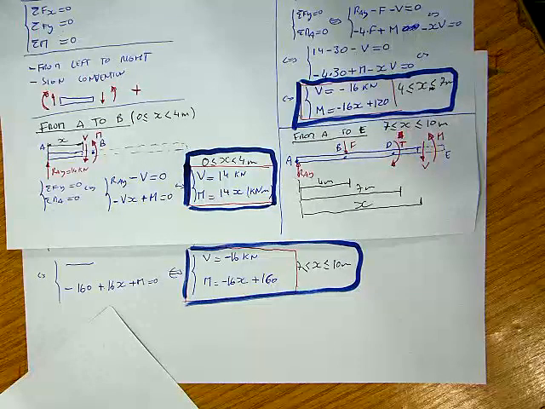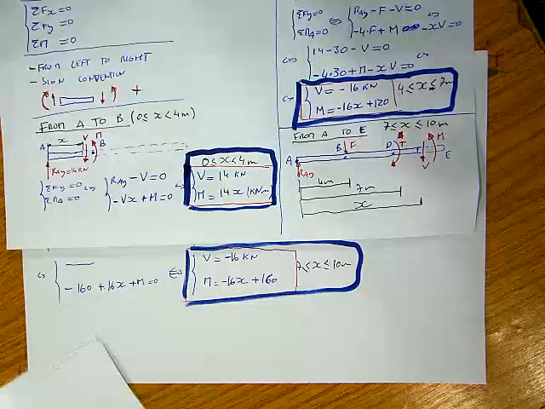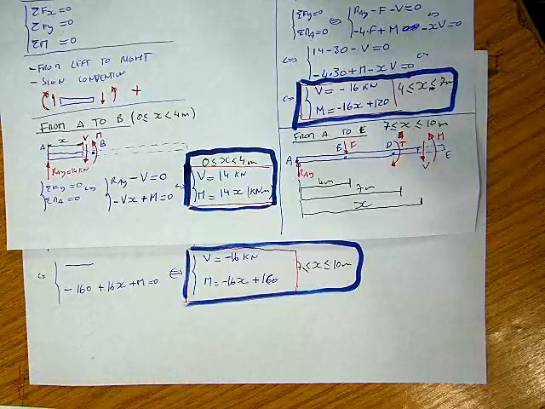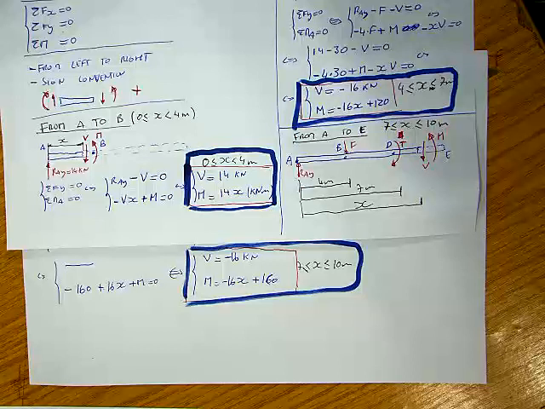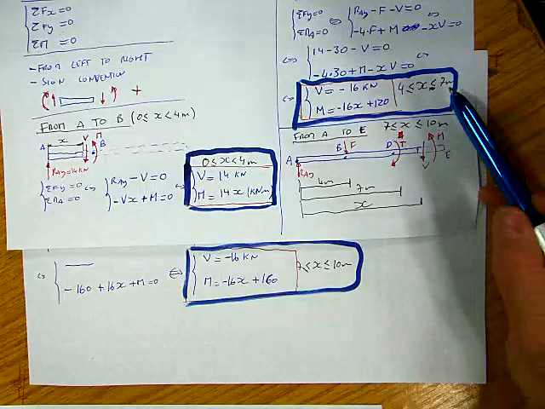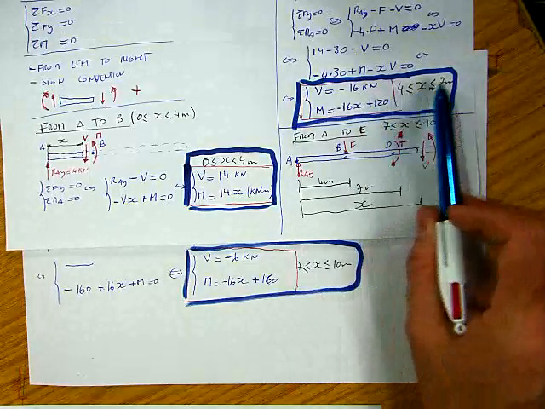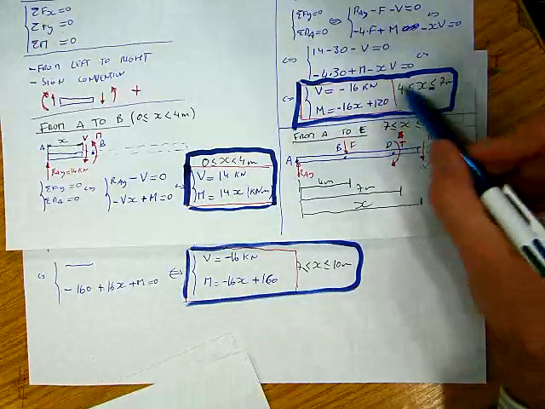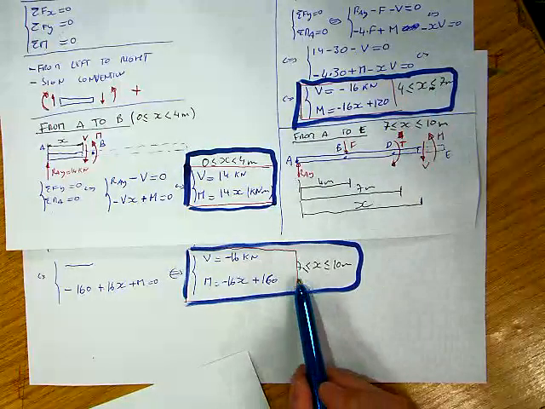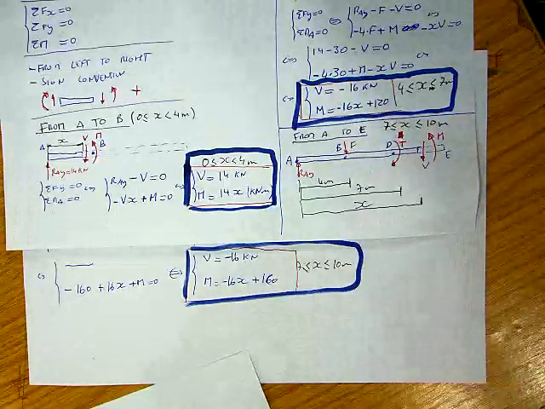And following what we have, what we can see is that from 0 to 4, V is equal to 14 kilonewton, and from 4 to 7 and from 7 to 10, it's the same thing, it's minus 16.